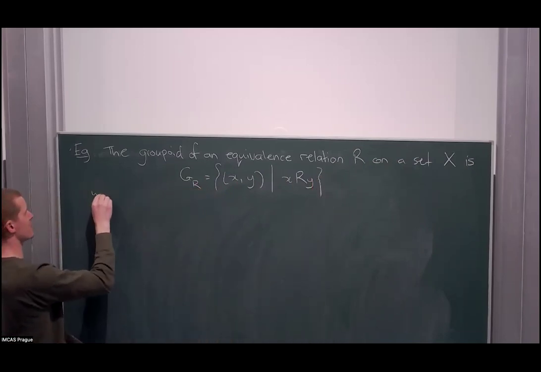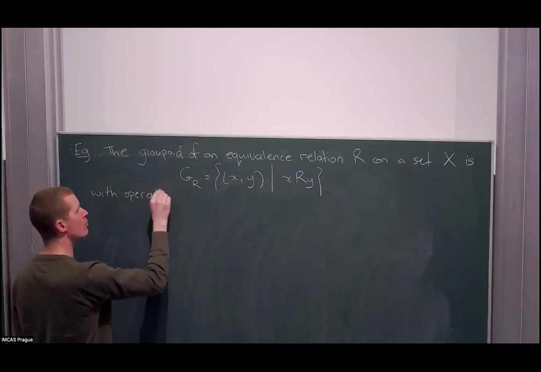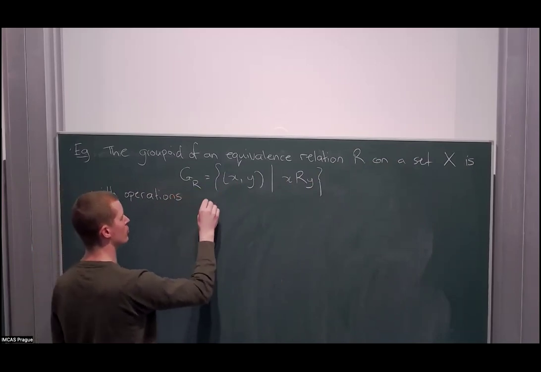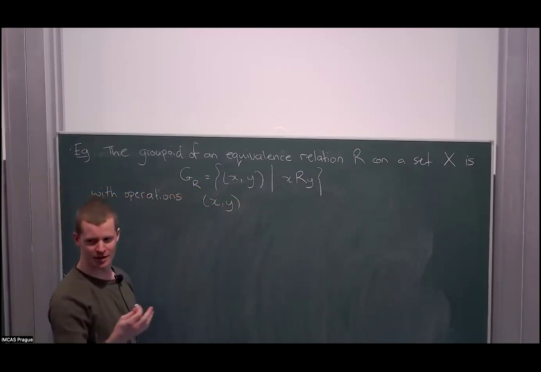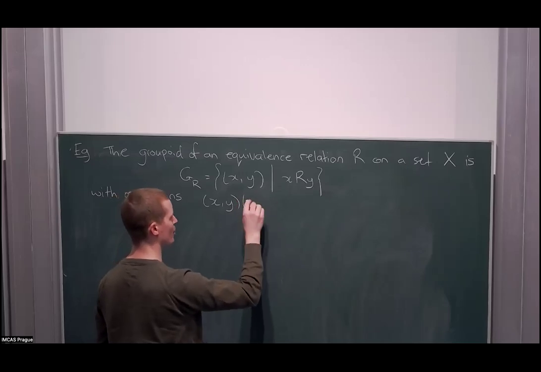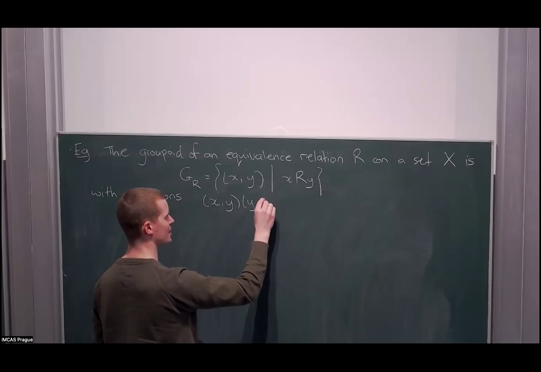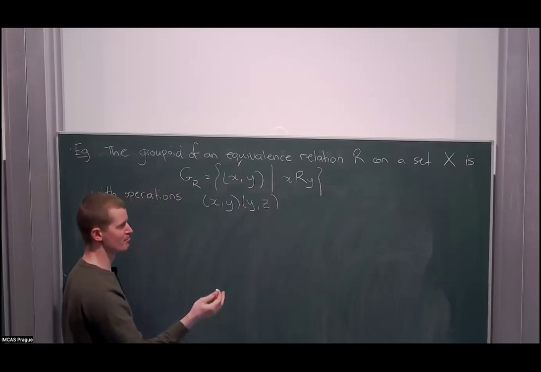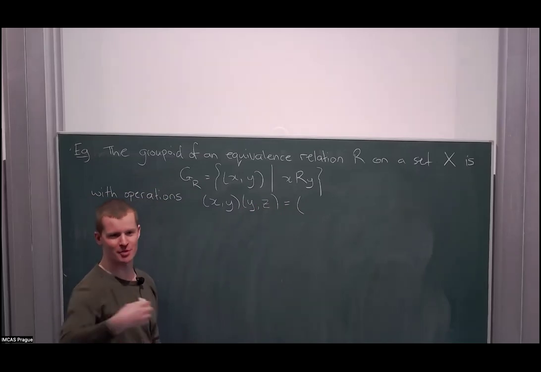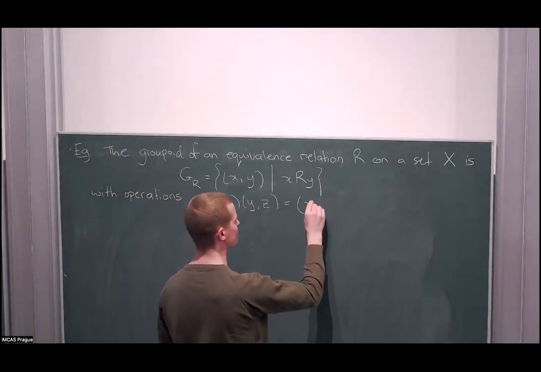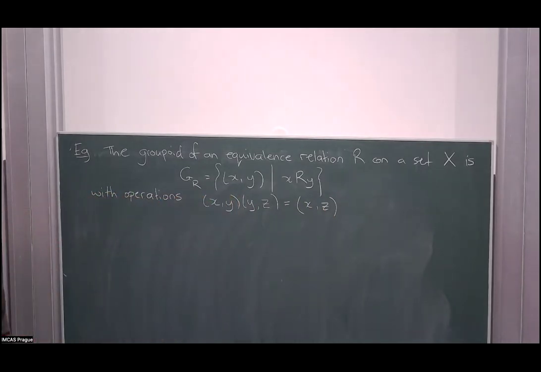under the operations. I know x is related to y, then I'll compose it with something only if the left element of the other tuple is also y. And I just witness transitivity and I say, well, then I also know x is related to z. So I have some well-defined composition of these related pairs.